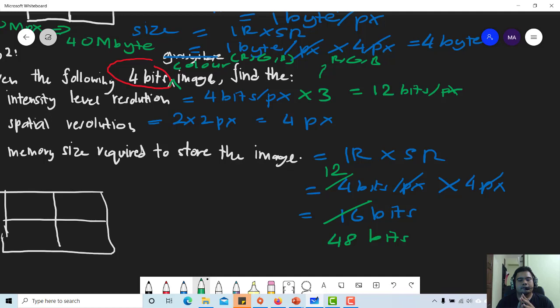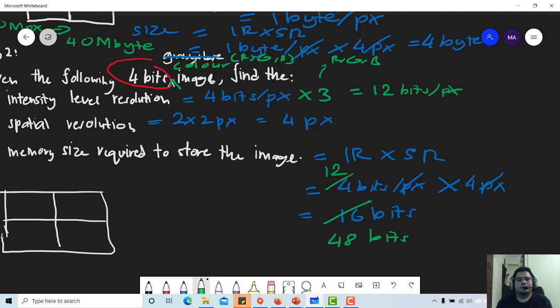I hope you can understand this. The difference is just that a color image is a multi-channel, or multi-layer, image. But grayscale and binary belong to the same single-channel image. So the intensity level resolution is just multiplied by 1, and you get the same value.